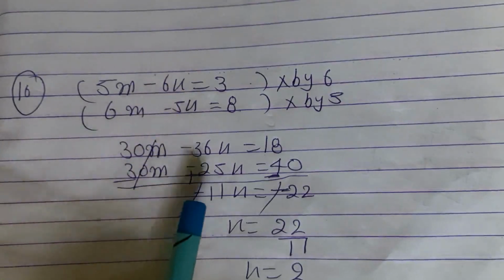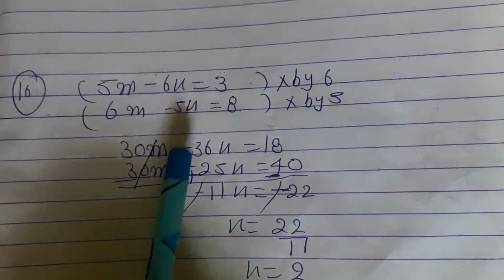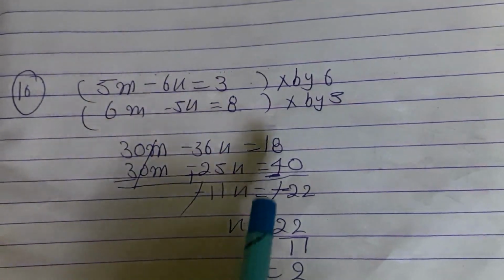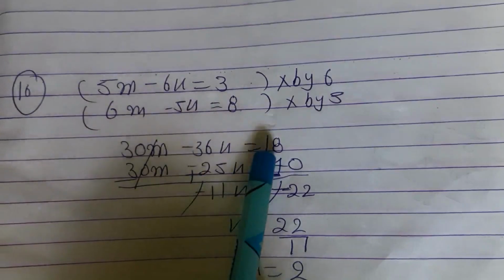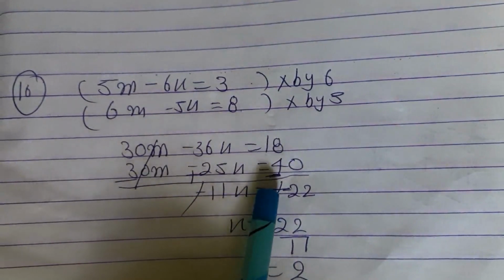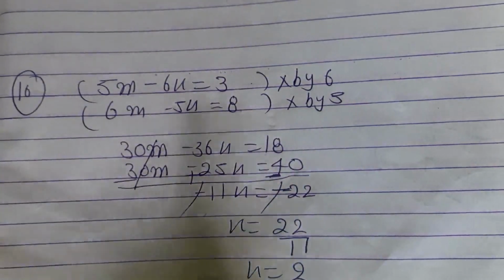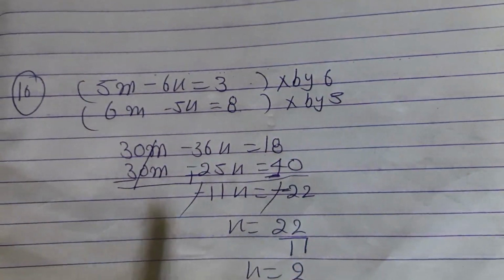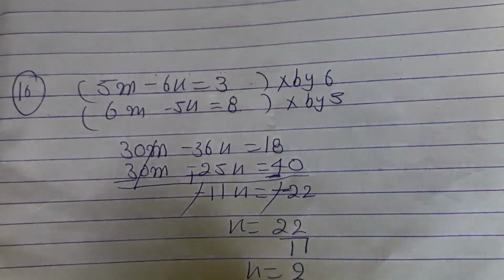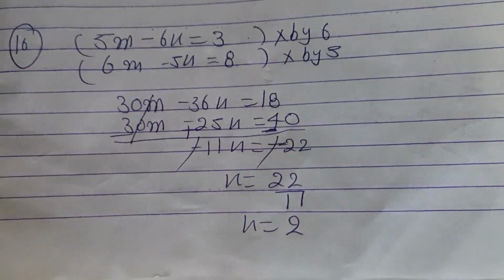So 36 minus 25 is 11n, and the bigger digit 36 has a minus sign, so we put minus. Then 18 minus 40: 40 minus 18 is 22, and the bigger digit 40 has a minus sign, so we put minus. Minus and minus cancel, and 11 goes to divide, so n is equal to 22 upon 11, which is 2. So the value of n is equal to 2, and then we will find the value of m.